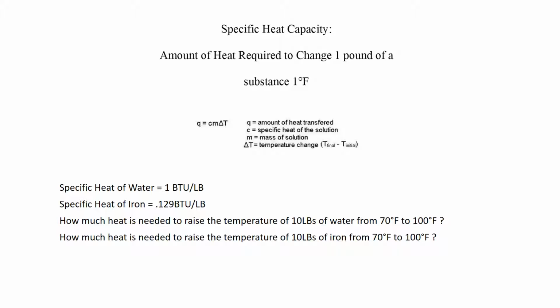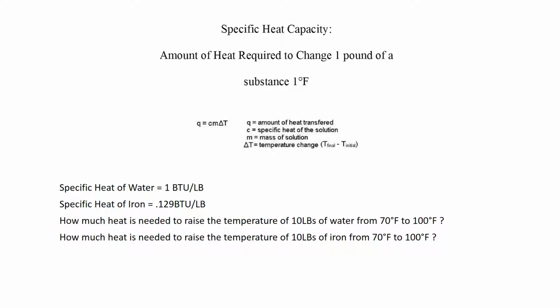It takes exactly 1 BTU to change the temperature of 1 pound of water 1 degree Fahrenheit. So the specific heat of water is 1 BTU per pound. If you look at the chart, you would see that there is a difference in the number of BTUs per pound for ice and water.